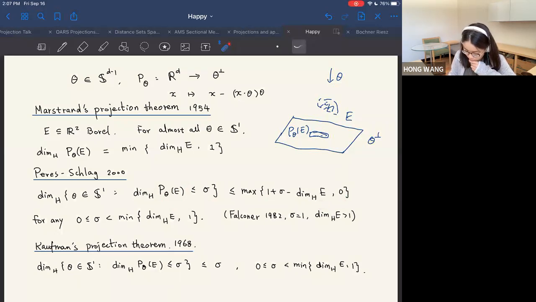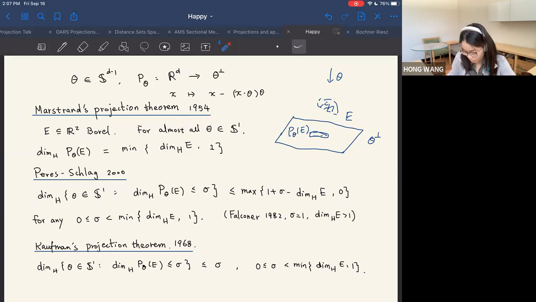So what does it mean? The result when the Hausdorff dimension of E is strictly greater than 1 and sigma equals 1 is due to Falconer in 1982.